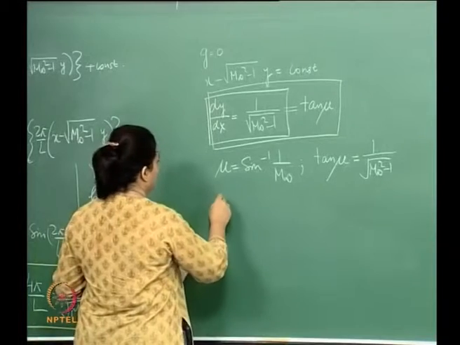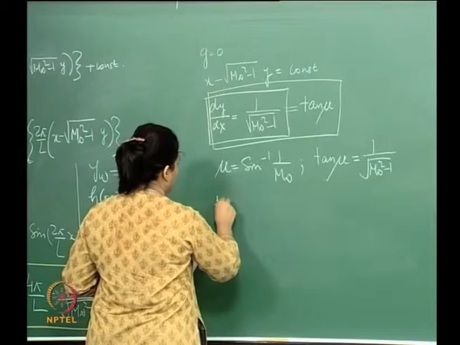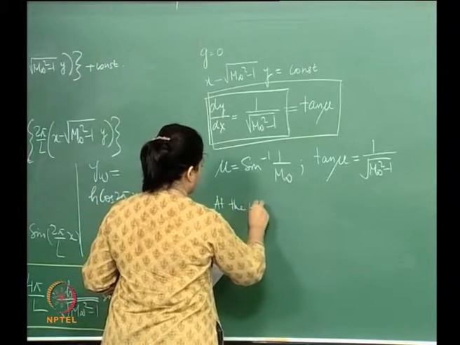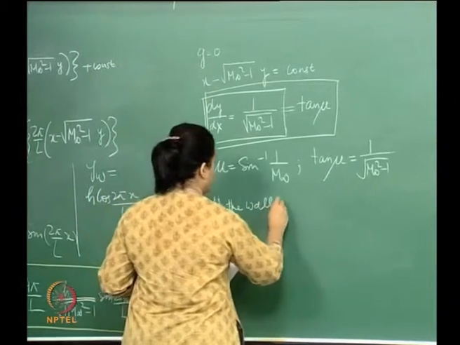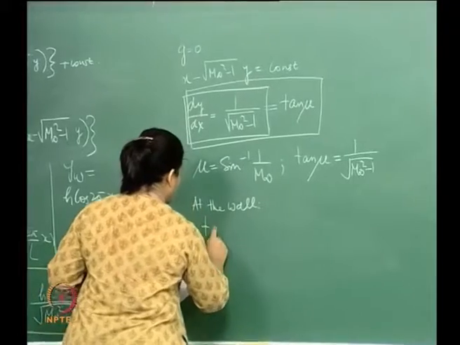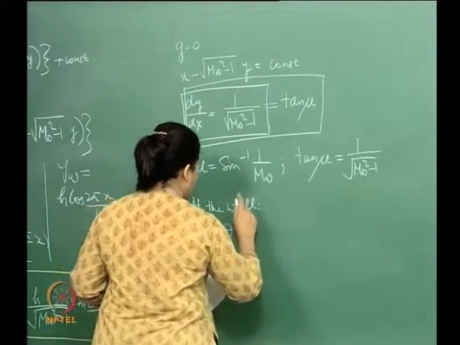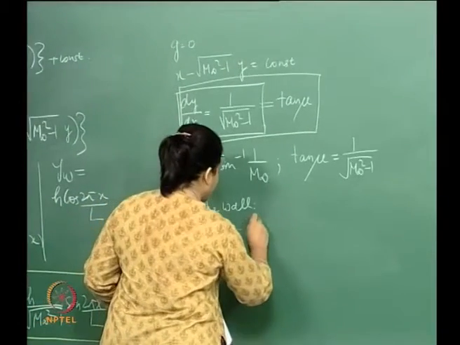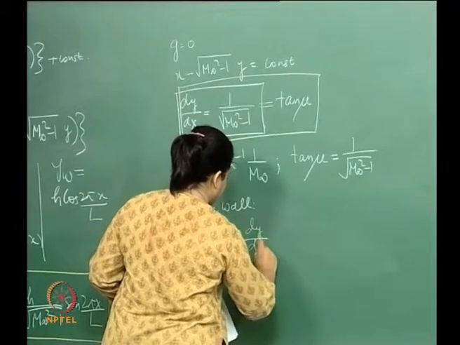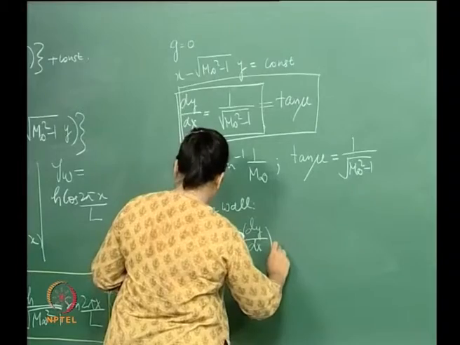Now at the wall, theta is such that tan theta is dy by dx at the wall.